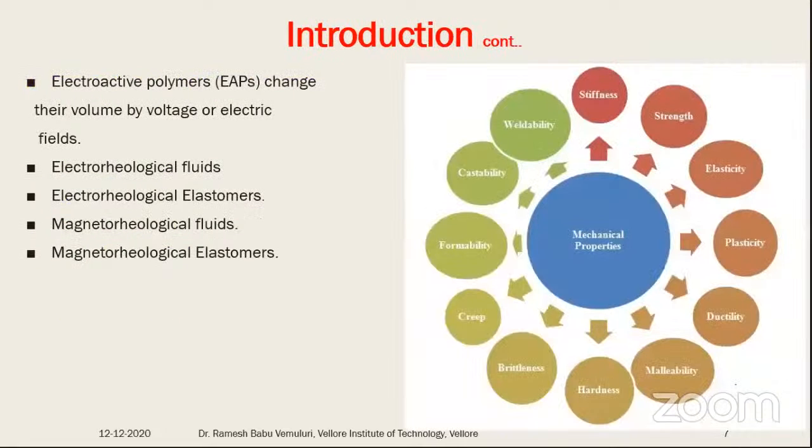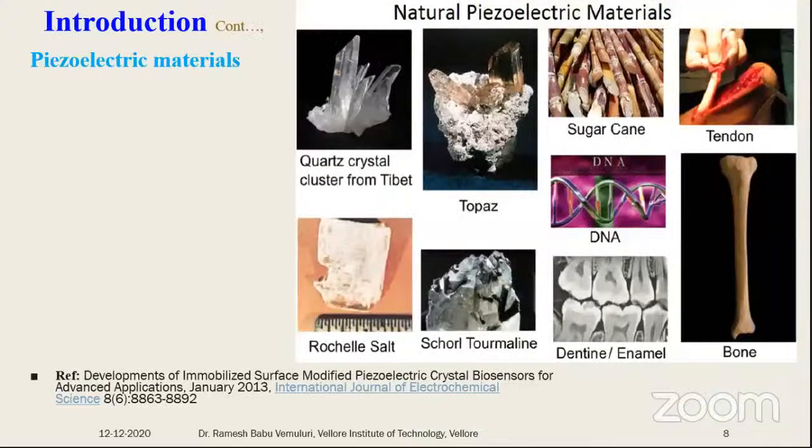Then we'll majorly see the electroactive polymers. These change their volume by voltage, or they are nothing but electrorheological fluids, electrorheological elastomers, magnetorheological fluids, magnetorheological elastomers. So first we'll see the introduction to the piezoelectric materials.